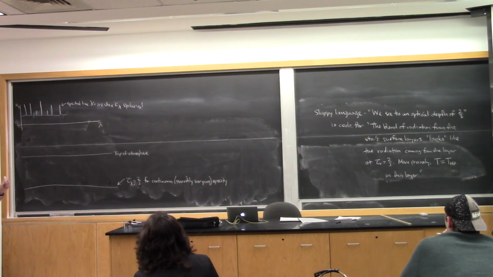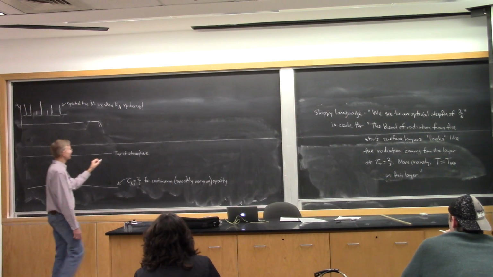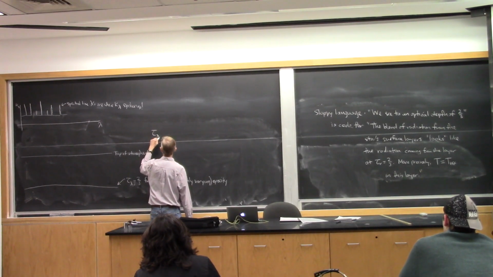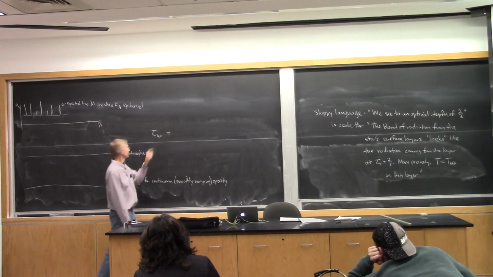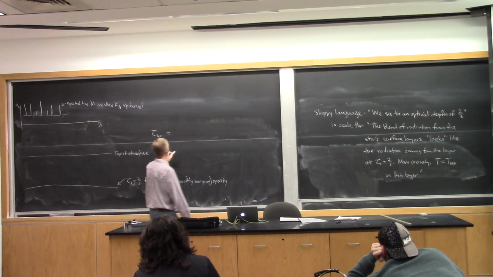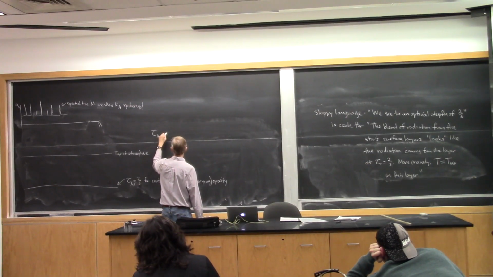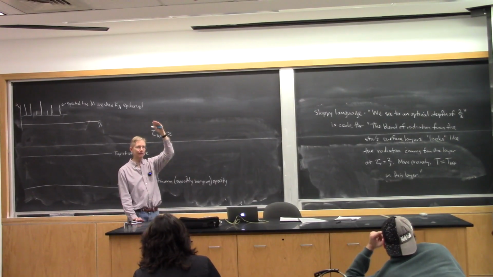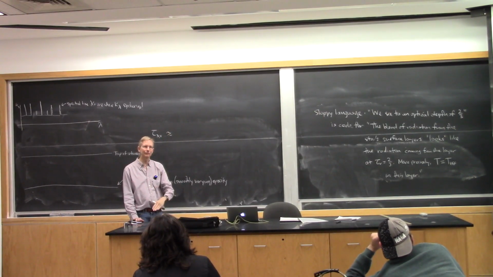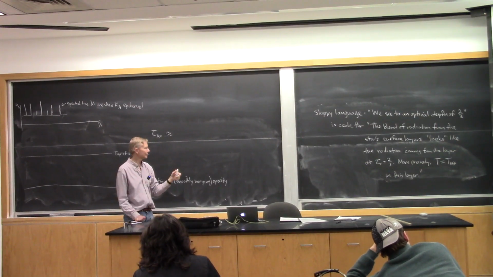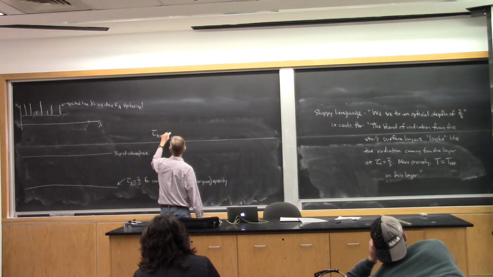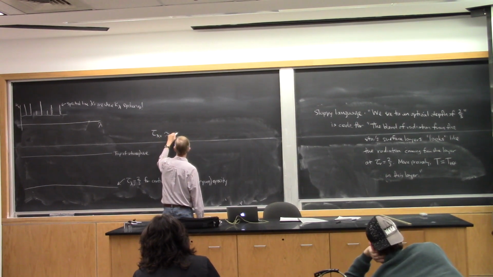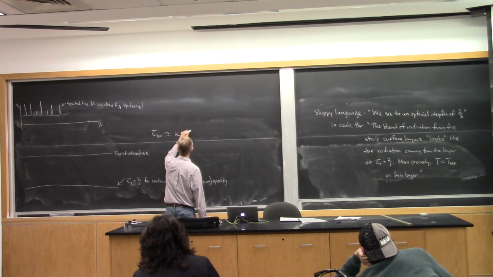Remember that the optical depth is, at any given wavelength, assuming kappa lambda doesn't depend on position within the star, roughly, this is cheating, kappa lambda rho times physical depth.